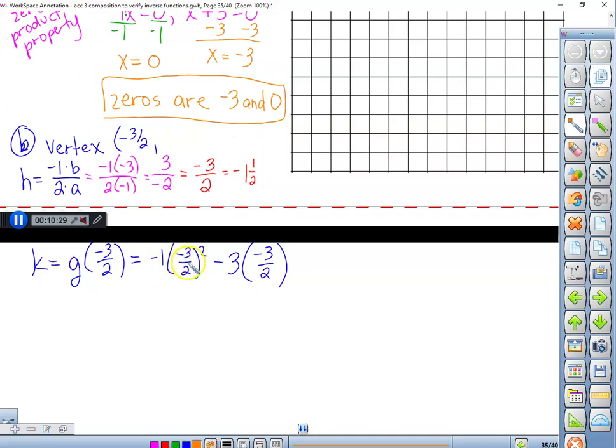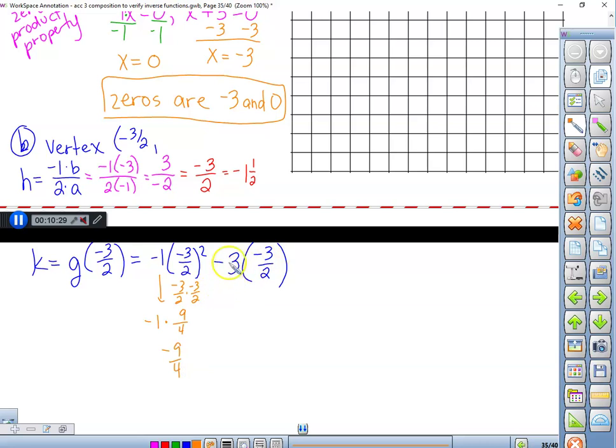So this means negative 3 halves times negative 3 halves. So we multiply straight across, and that gives us positive 9 over 4. And that we need to multiply times negative 1. So now we have negative 1 times anything would be the opposite. So this is negative 9/4.